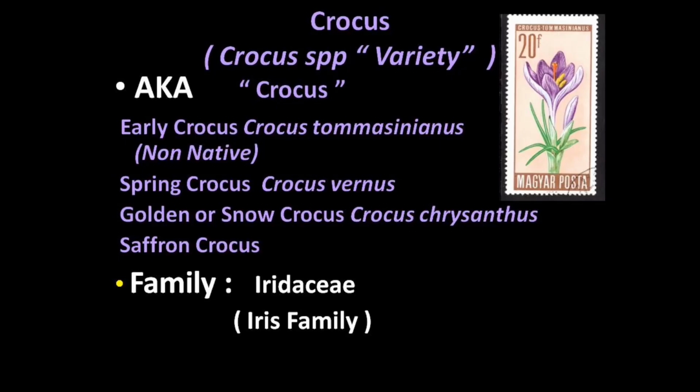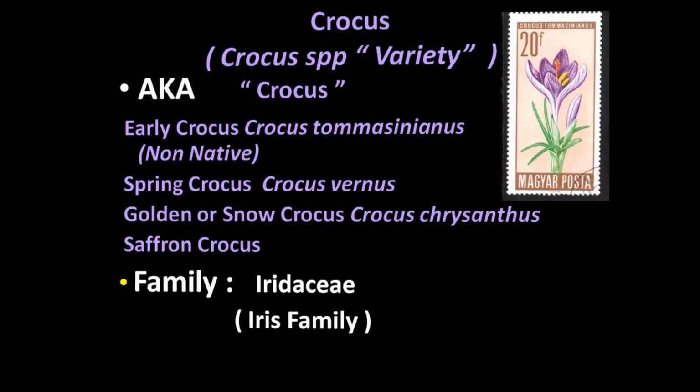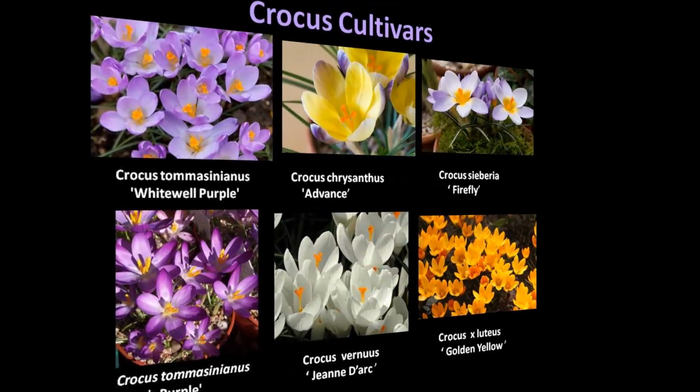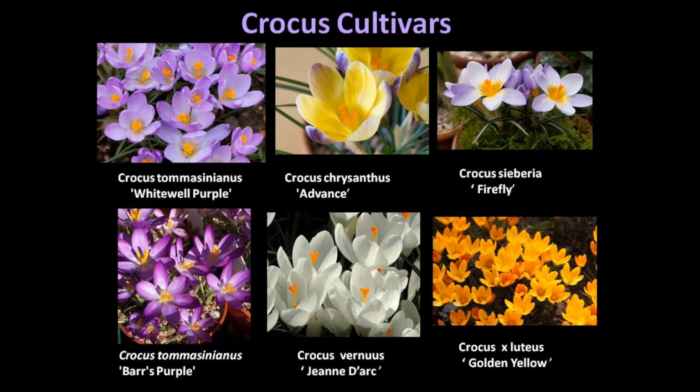One of the first crocuses to appear by the wayside is the early crocus or woodland crocus known as Crocus tommasinianus, which is also followed by the spring crocus, Crocus vernus, and the yellow variant, also known as the golden crocus or Crocus chrysanthus. In the following slide we see a number of species of crocus as well as a number of cultivars within each species, hence the general nature of the video.